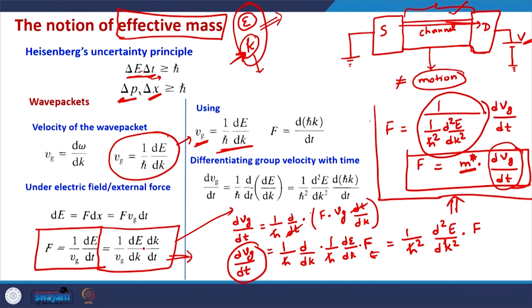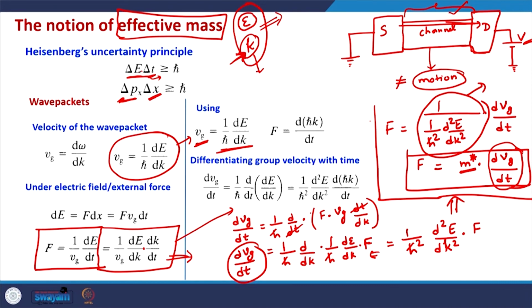We do not call it the mass of the electron, it is a modified mass, known as the effective mass of the electron, and it is defined as 1 by h bar square d2E by dk square.